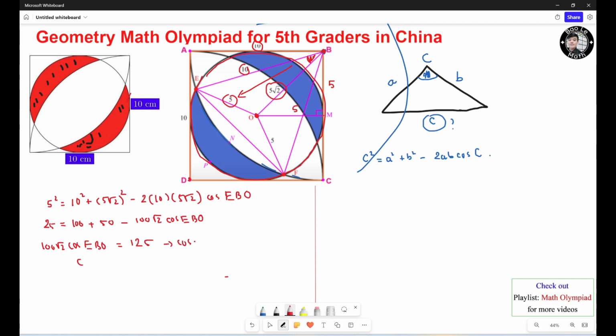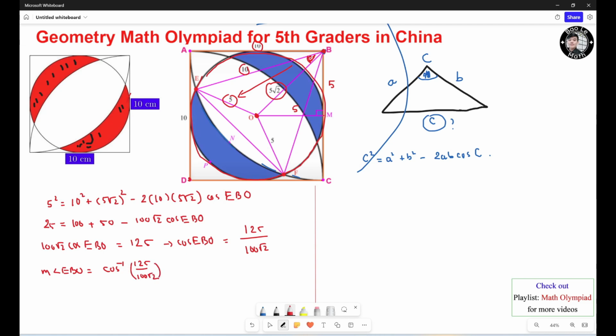So cosine EBO equals 125 divided by 100 root 2. Then we need to find the measure of angle EBO, which should be the cosine inverse of 125 over 100 root 2.